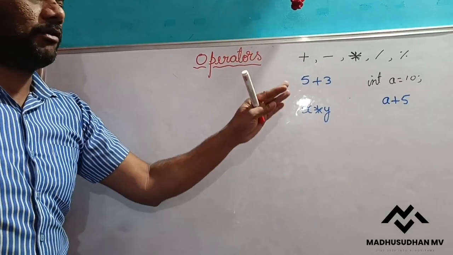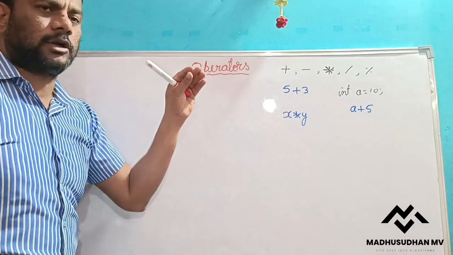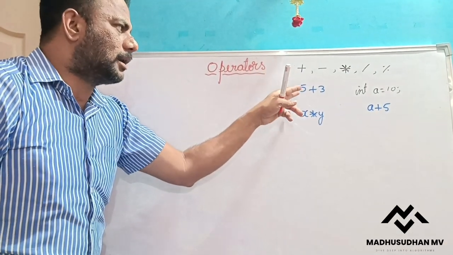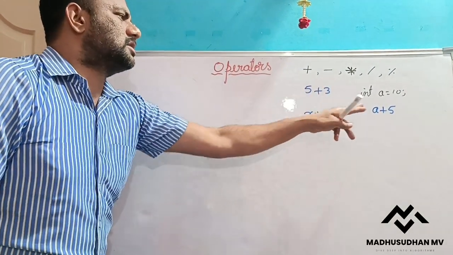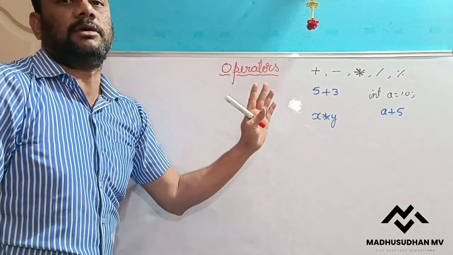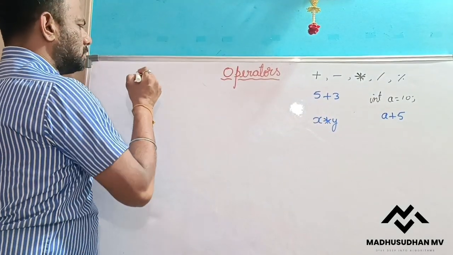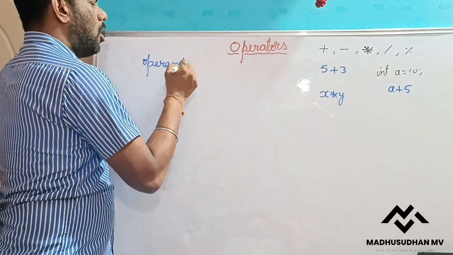That means whenever we perform any operation, we perform it using some operators on either constants or variables, or a combination of constants and variables, or both constants or both variables. Here these constants and variables we call operands.